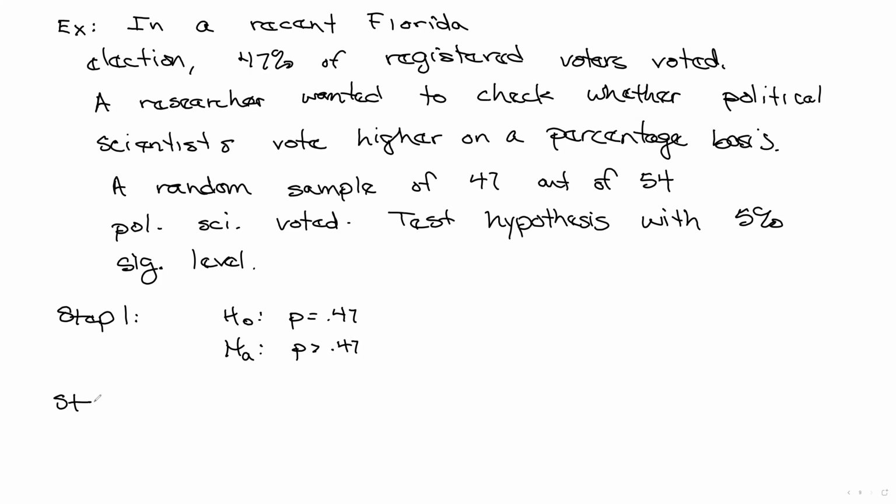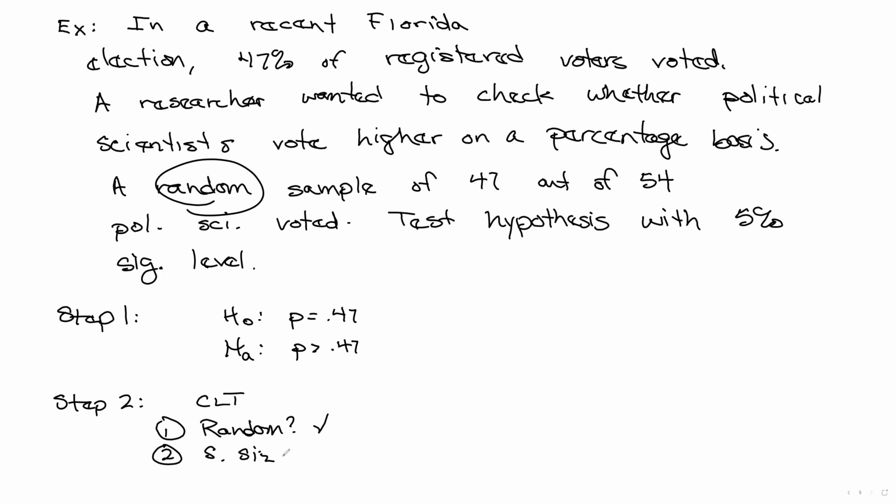Step 2, we've got our central limit theorem checks. 1, is it random? It says it is a random sample. Check. 2, sample size. We take the size of the sample, 54, and multiply it by the population percentage, 0.47.